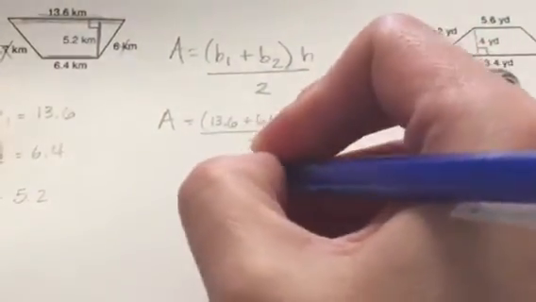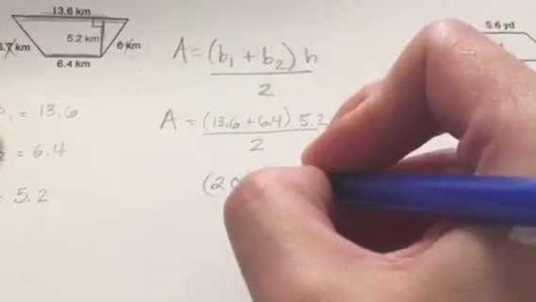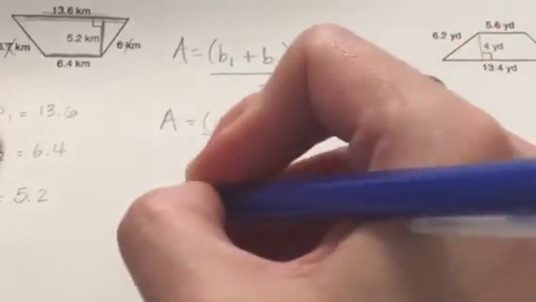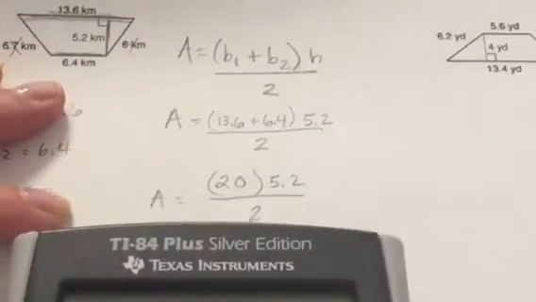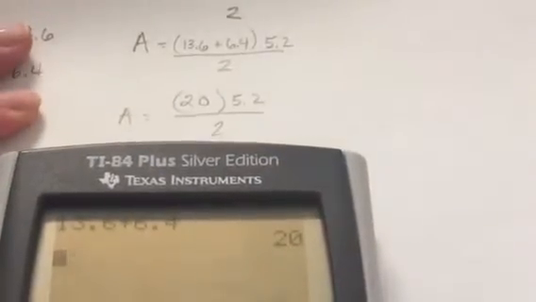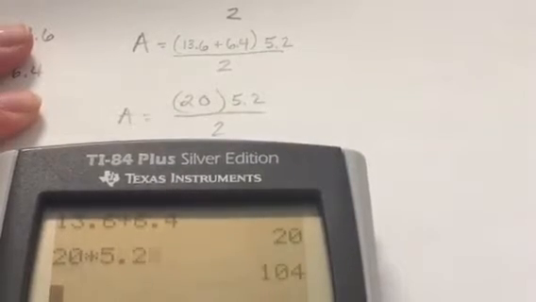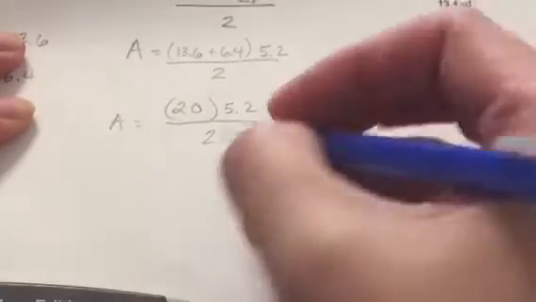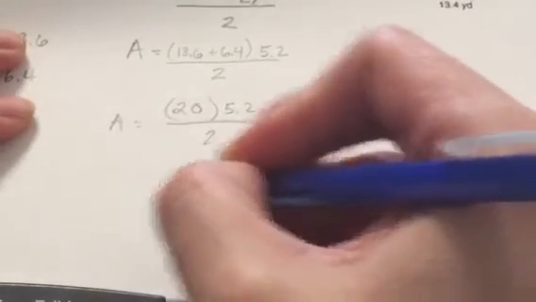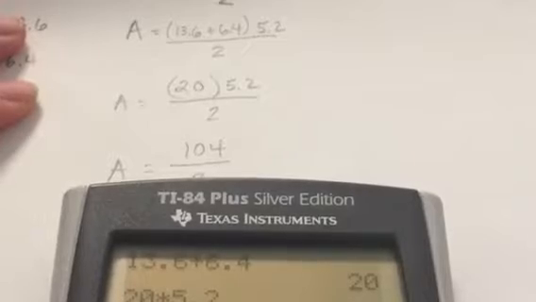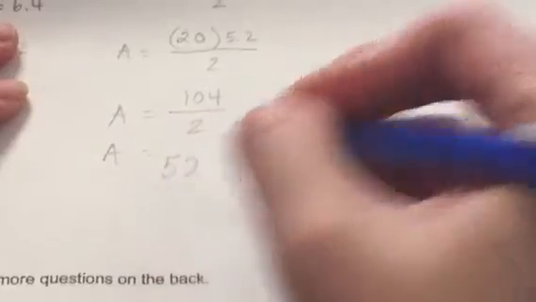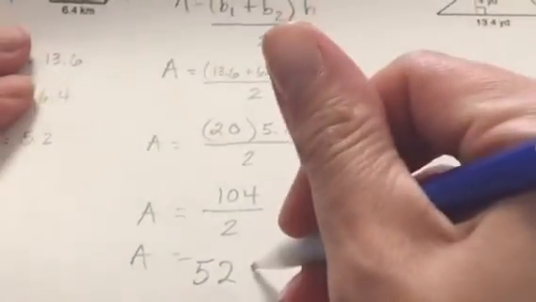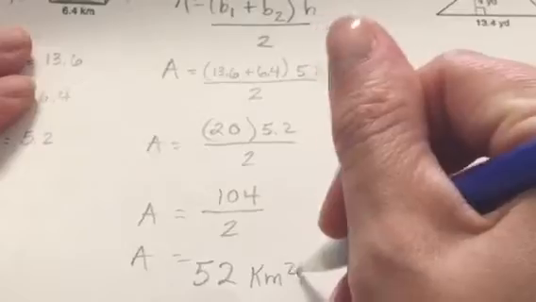So we're going to put that in parentheses times 5.2 divided by 2. You have to do one operation at a time. Now, we're going to do 20 times 5.2, which is 104. And then we're going to divide that by 2, which is 52. And you have to make sure that you use your labels, which in this case is kilometers squared.